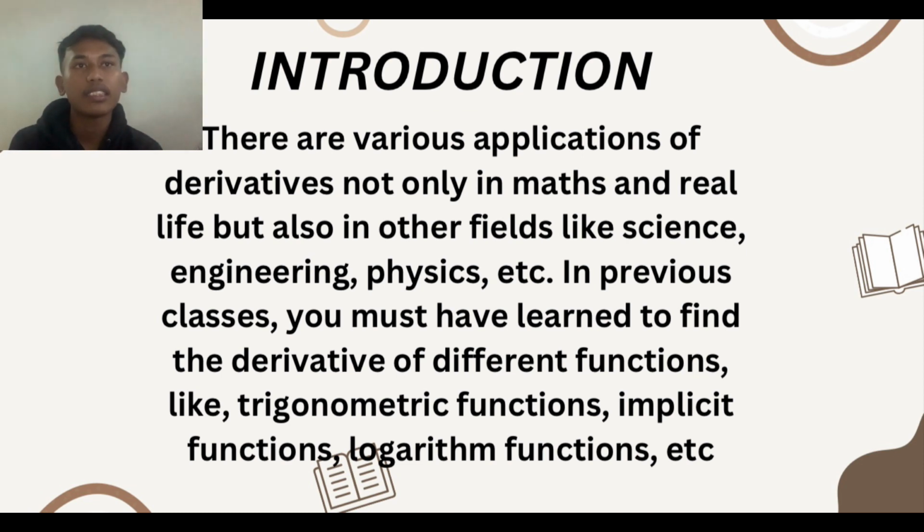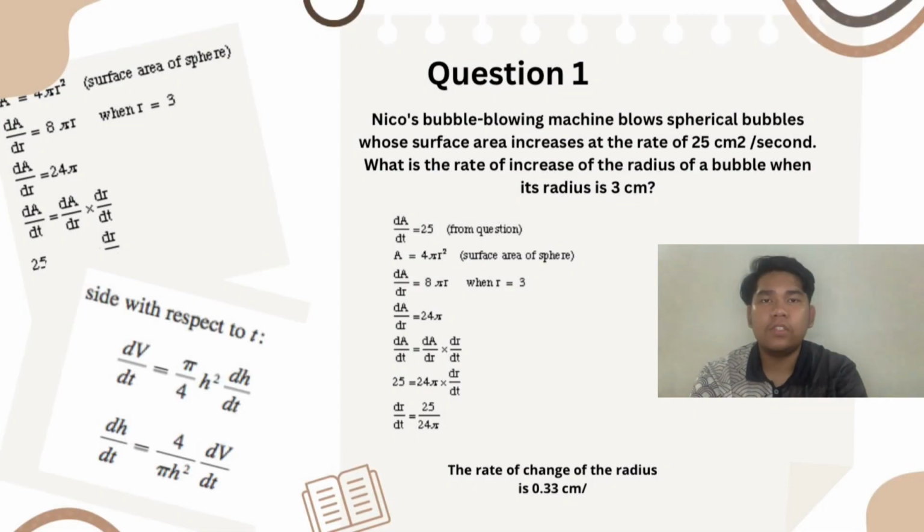In previous classes, you must have learned to find the derivative of different functions like trigonometric functions, implicit functions, logarithmic functions, and more. So for question 2, the question is: a bubble-blowing machine blows spherical bubbles whose surface area increases at the rate of 25 cm² per second. What is the rate of increase of the radius of a bubble when its radius is 3 cm?